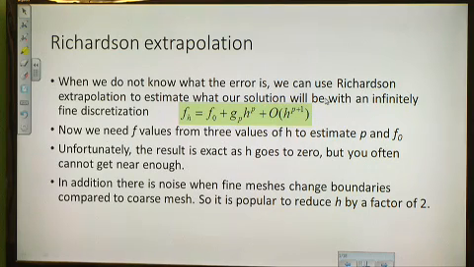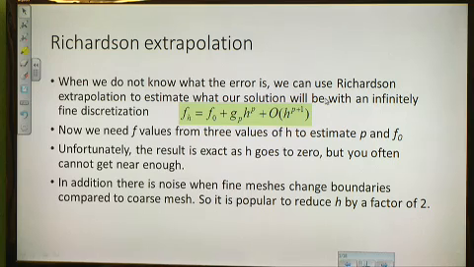So this is called Richardson extrapolation. That is, you have some quantity that the code will solve for you. We'll call it f, and for a mesh size h, we'll denote it as f sub h. When h goes to 0, we will converge to f sub 0.